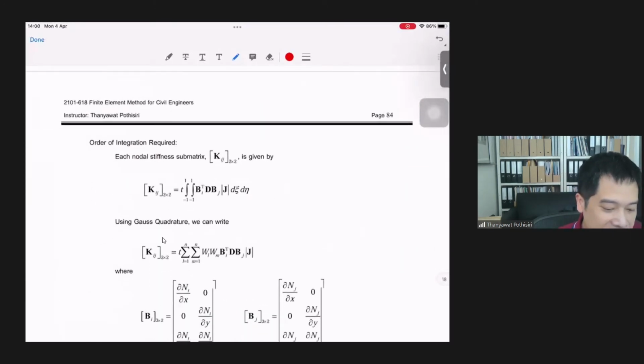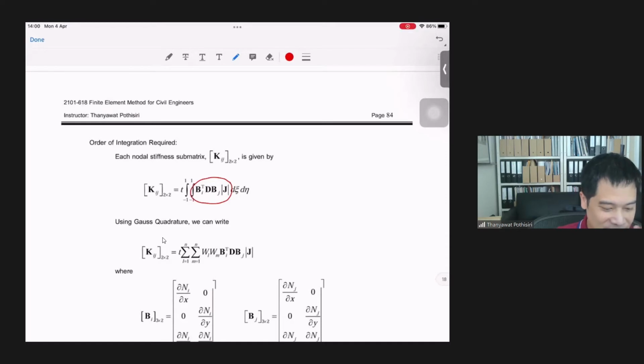Okay. So the function that we are essentially computing the integral of is this function right here. Okay. Because we are computing the element stiffness matrix, right? Now we need to see what's the order of polynomial resulting from this multiplication of the B matrix with this term. Okay.